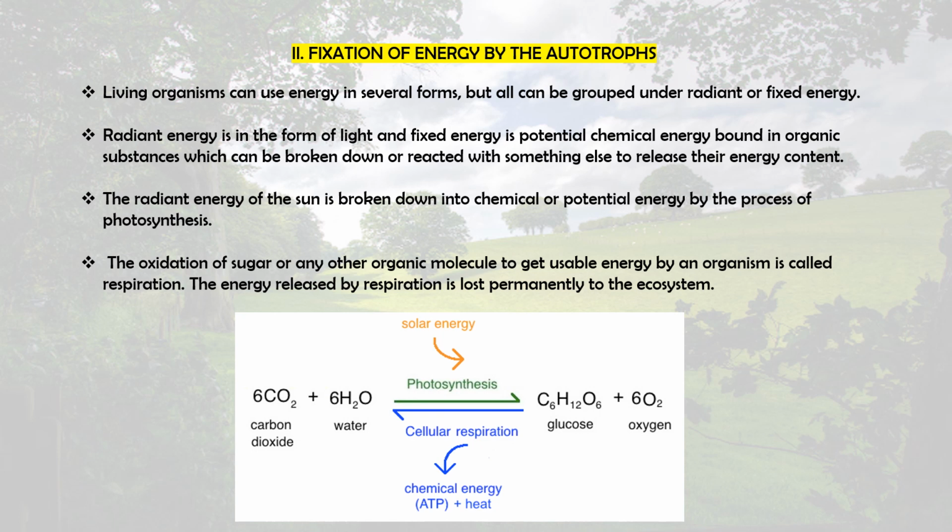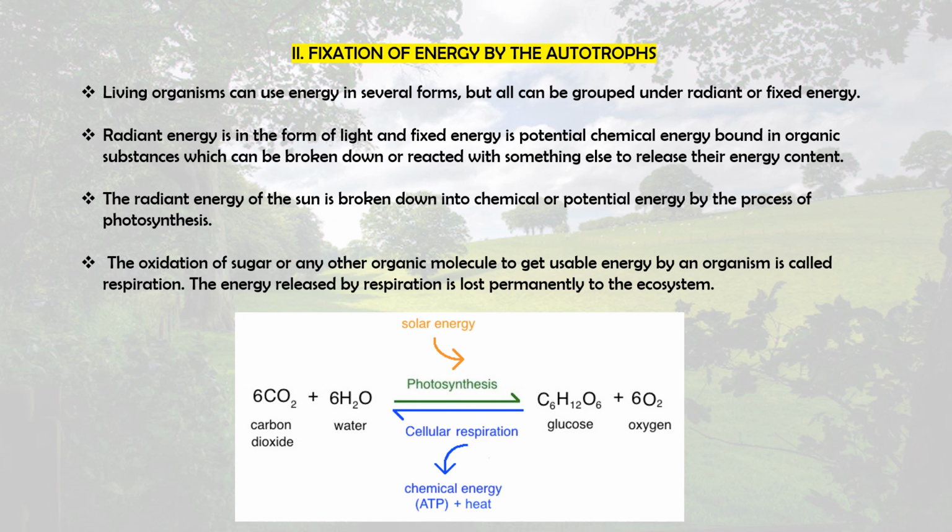here we get a concept about productivity, like primary productivity. So there are two terms that can be discussed here, like gross primary productivity and net primary productivity. So gross primary productivity is actually the rate of photosynthesis during the measurement period, including the organic matter used up in photosynthesis.